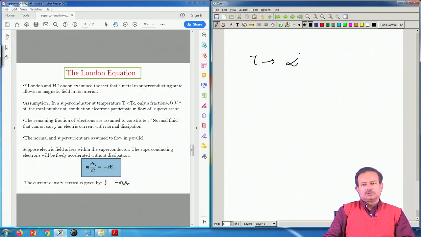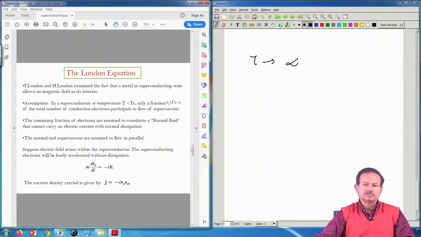So, this 1 by tau term, which was there in the Drude equation, can be safely dropped, and you have just a Newton's law basically. So, for the supercurrents, this is the equation of motion, and then you write J equal to minus n_s e v_s.